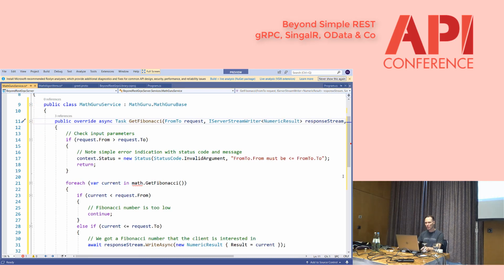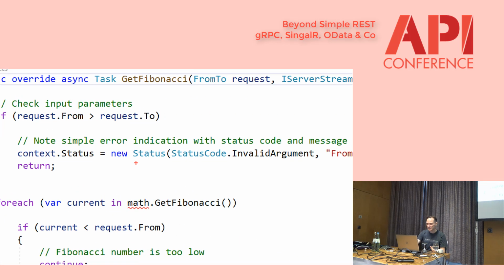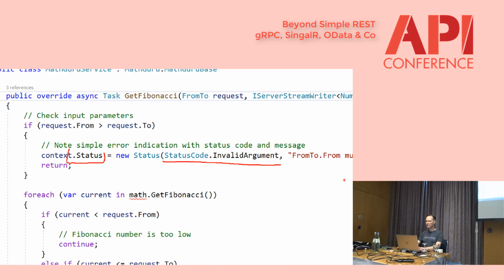First one, we check the parameters, and what I can show you here is that with gRPC, you can return status information similar to HTTP REST API. So what you can do, you can return an arbitrary integer value. There are some predefined values that gRPC gives you.